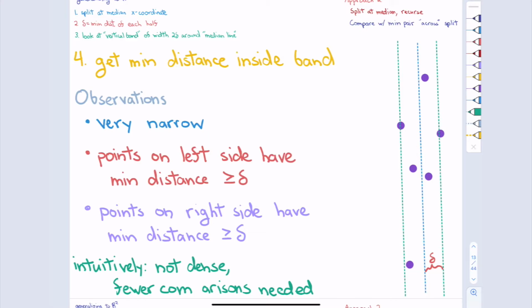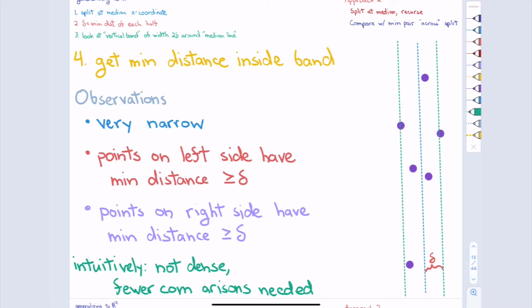Because delta is less than or equal to any distance just on one side of the median. Okay. So if I'm looking at this narrow band, any of the points on the left side of the narrow band have to be at least distance delta apart from each other, any pair of points. Any pair of points on the right side has to be at least delta apart. Because again, delta is less than or equal to any distance, any pair just on one side or the other.